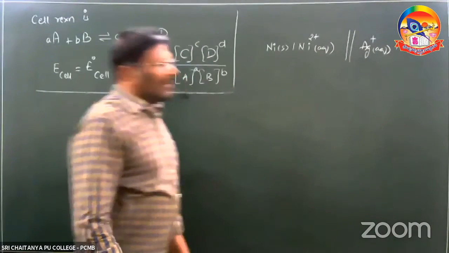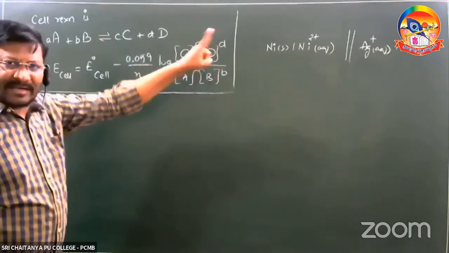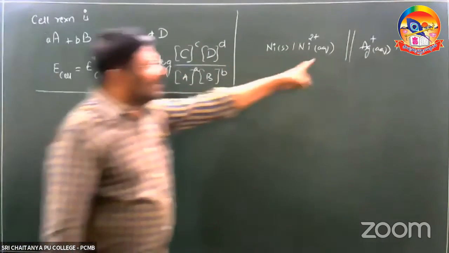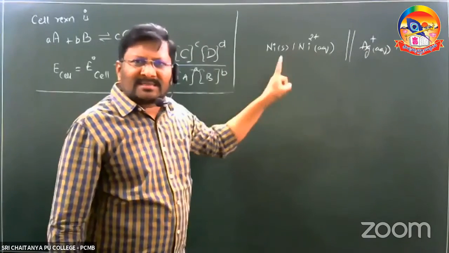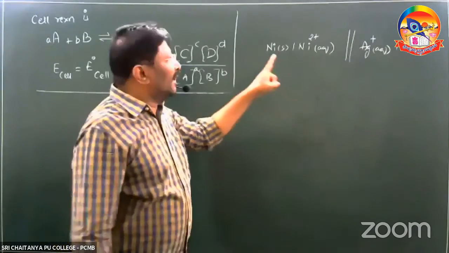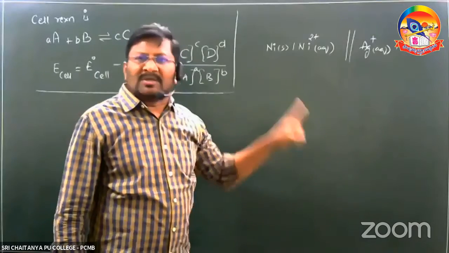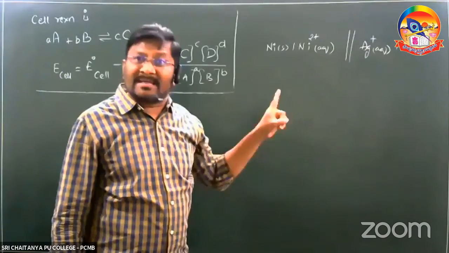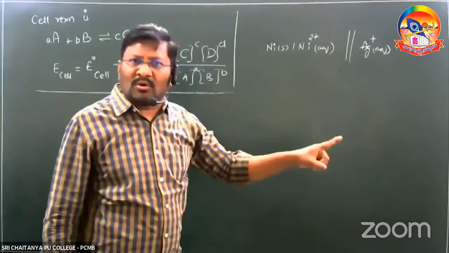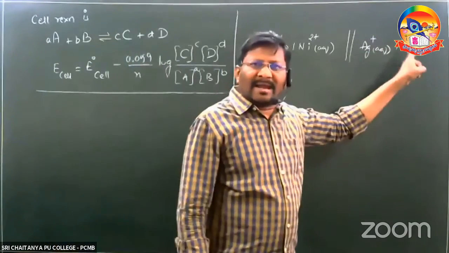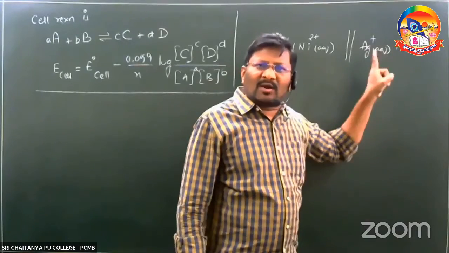So the meaning is a cell is constructed by these two electrodes. Here LHS, what is that? Nickel electrode. So nickel electrode is LHS, left hand side, and acts as anode. On the RHS, right hand side, silver electrode is there.